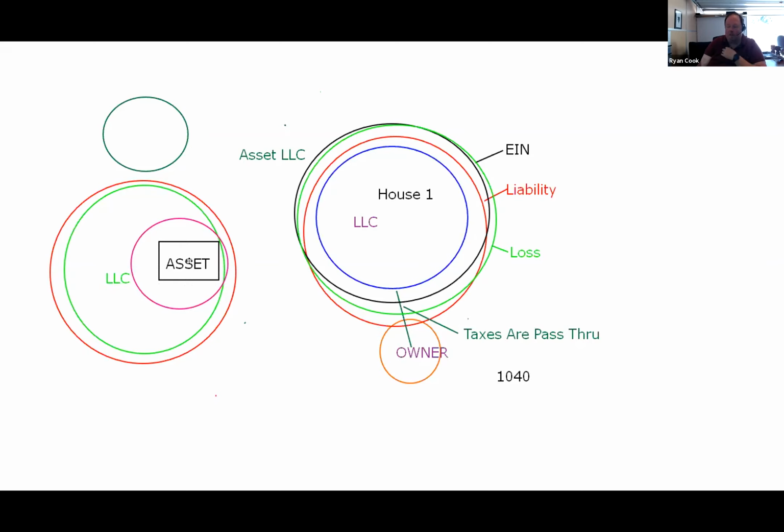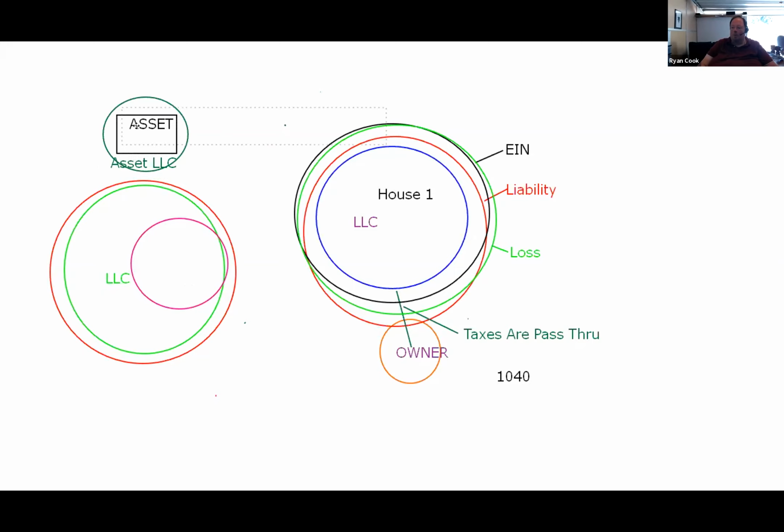So Bob comes to the house, trips, falls, breaks his leg, hurts himself, whatever it may be. All of the liability now, in this case, falls within the LLC. If I create an LLC, I created its own entity. Here's Asset LLC. And I move it into it, giving it its own LLC, making it its own business.